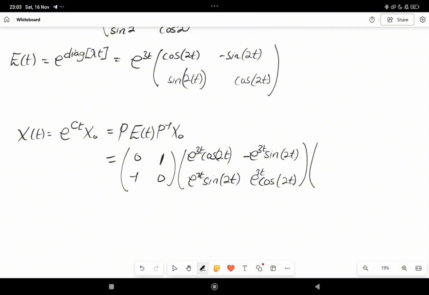Then we add our P inverse, 0, minus 1, 1, 0. Then we add our x naught. So this is going to be the solution for our system.